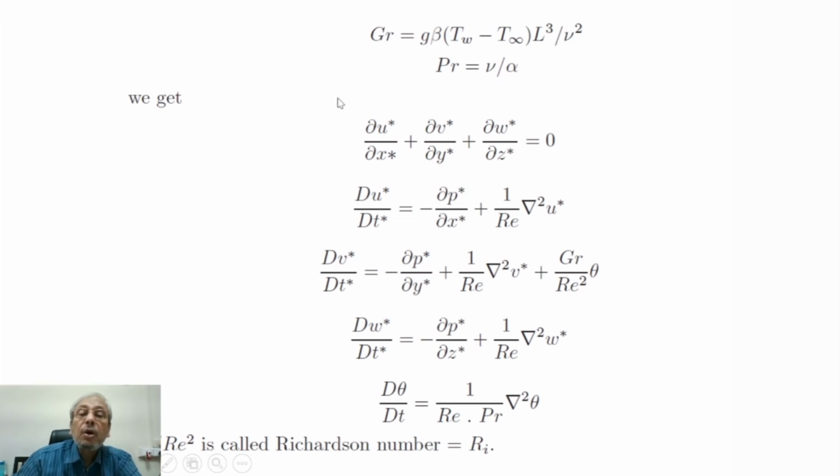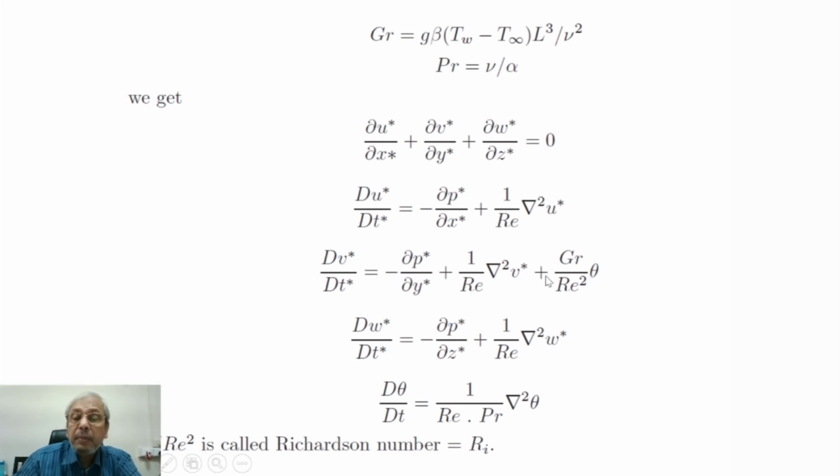So this is the non-dimensional continuity equation, the non-dimensional momentum equation in x direction, and the non-dimensional momentum equation in y direction. Here we can see, in addition to our known form, we have gotten Grashof number by Reynolds number squared into theta.